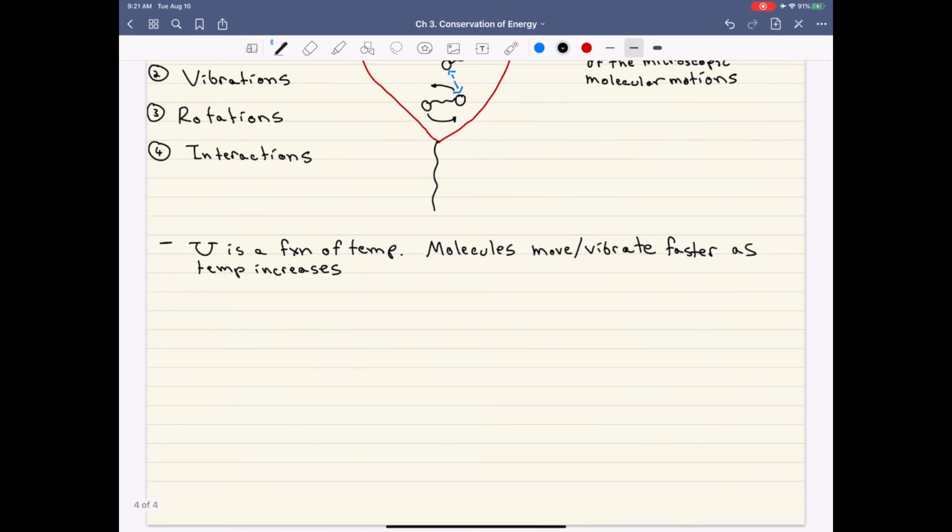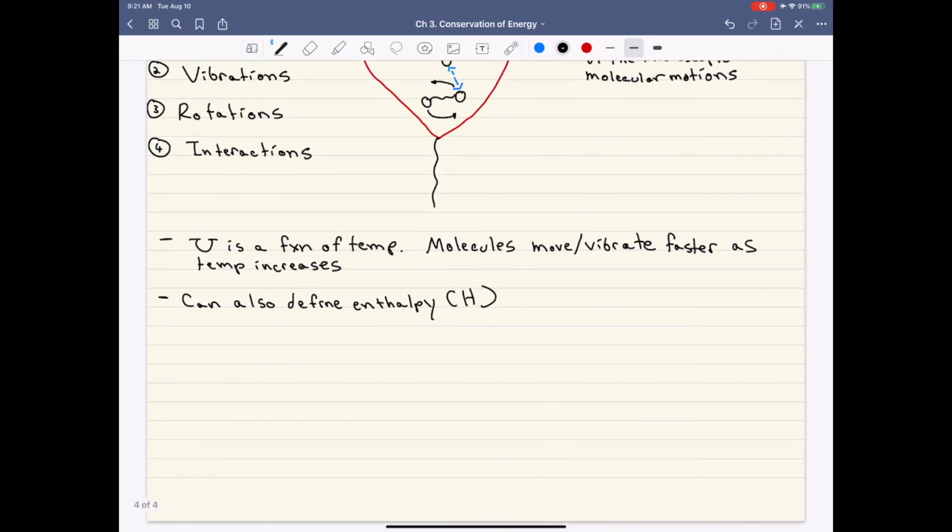But another useful quantity we have defined in MEB2 is enthalpy. We abbreviate enthalpy as H. And enthalpy is mathematically defined as the sum of the internal energy plus pressure times volume. So it's the sum of internal energy plus the pressure and volume of the system.